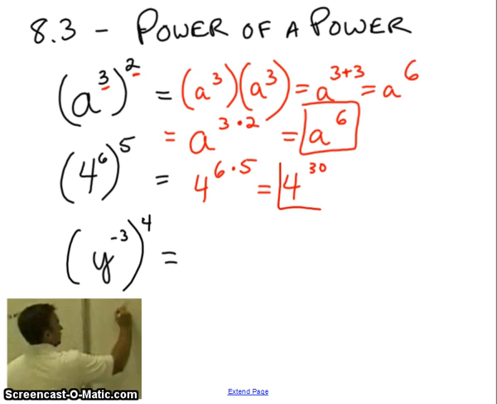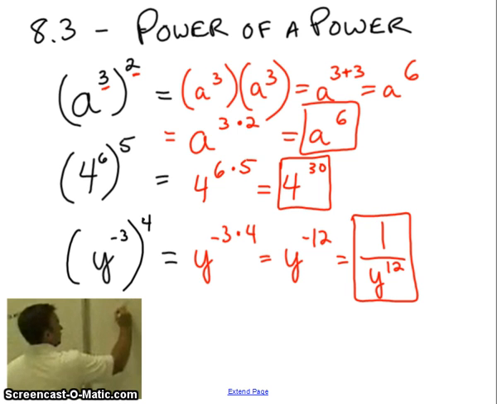Now we're not going to calculate that because it's going to be an enormous number, so we'll just leave it as it is. All right, y to the negative 3 raised to the fourth is y to the negative 3 times 4, which is y to the negative 12. Now this is the negative exponent property, so we go 1 over y to the 12th. Put the term in the denominator and make the exponent positive.